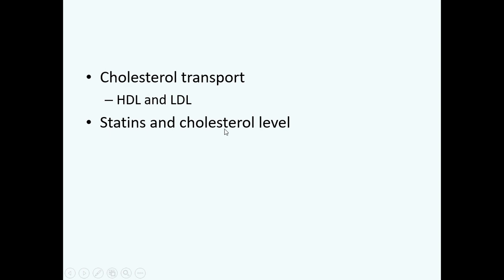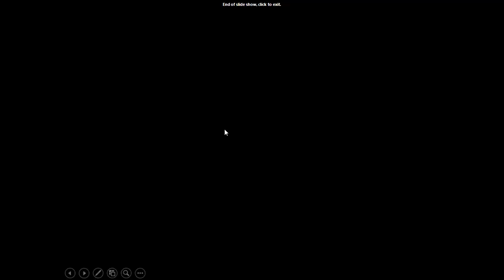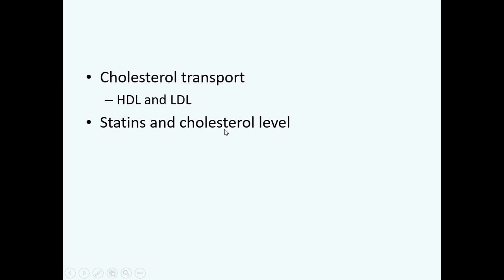Regulation of blood cholesterol level is important. If the blood cholesterol level exceeds the permissible range, then this can result in accumulation of cholesterol and therefore can cause blockage of blood vessels.